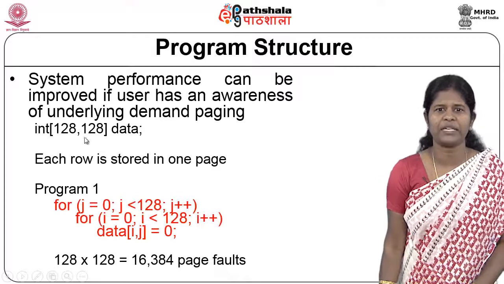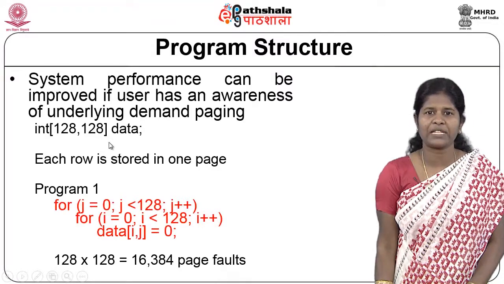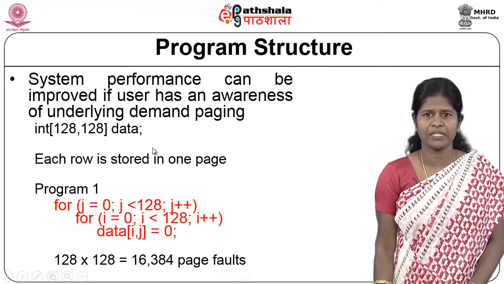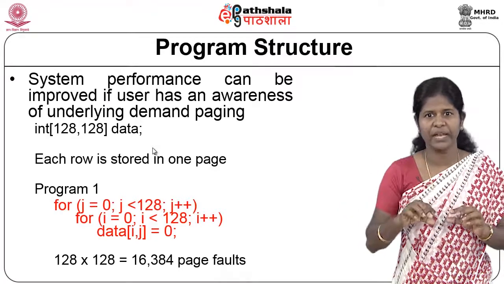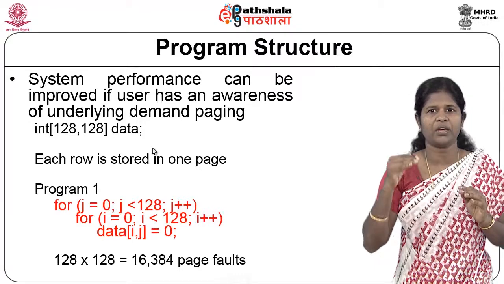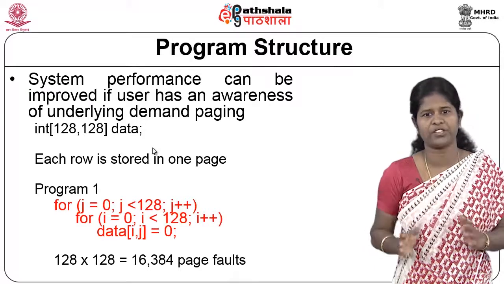So, here it is a 128 by 128 byte array, and the size of the page is 128 bytes, and hence the first row of the array will be stored in the first page, the second row will be stored in the second page, and so on. So, totally you need 128 pages to store this entire array.